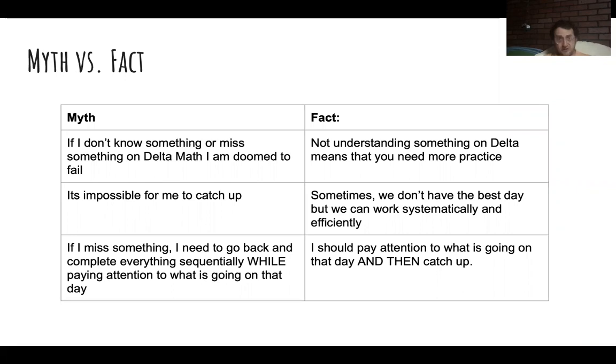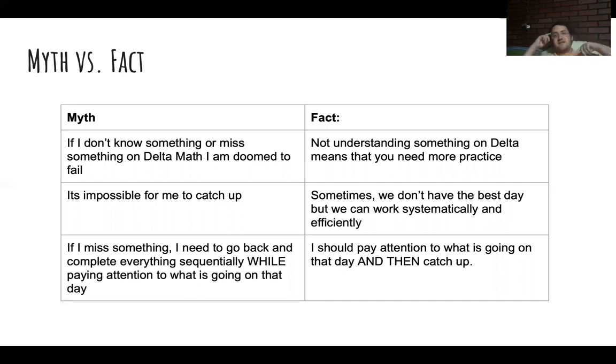It's a myth that it's impossible for you to catch up, or that if you miss something, I need to go back and complete everything sequentially while paying attention to what is going on that day. That last thing is a bad trap to go into because your brain can only handle one thing at once. Imagine what happens when your computer is trying to do more than two or three things at a time.